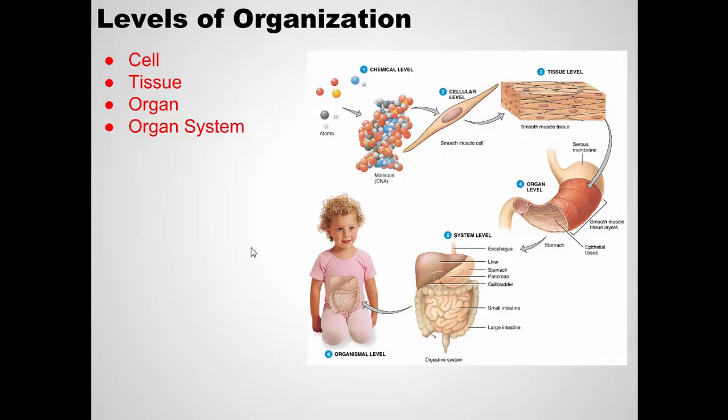And then those various organ systems work together to form one complete organism. And that's the highest level of individual organization, complete organism. So that's what we call the organization of living things. Cell, tissue, organ system, organism. Any questions?